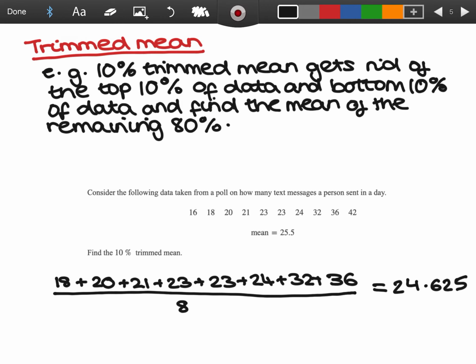There is one catch with the trimmed mean that you have to remember. Your data has to be in order first, from smallest to largest. You have to order your data points first.